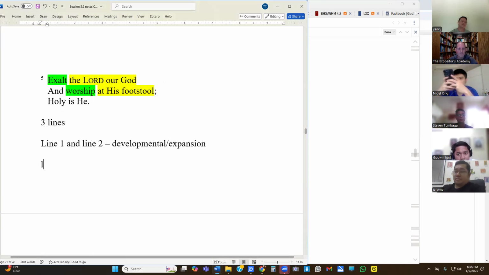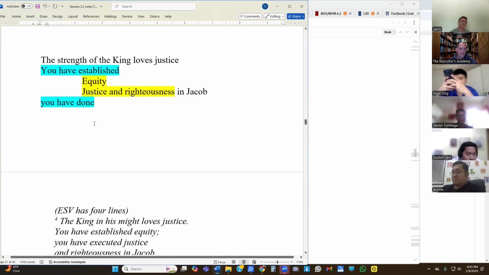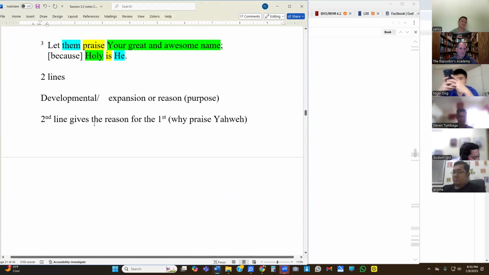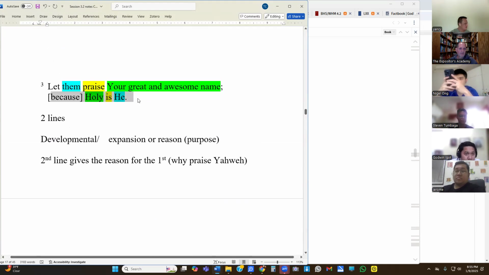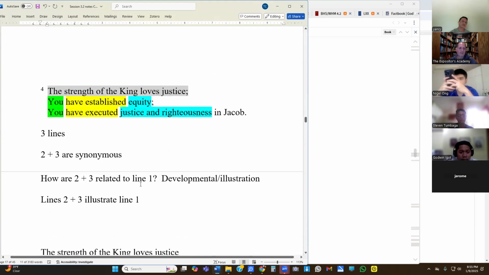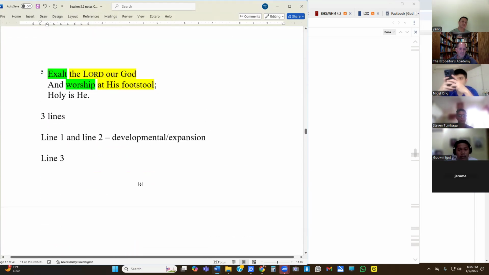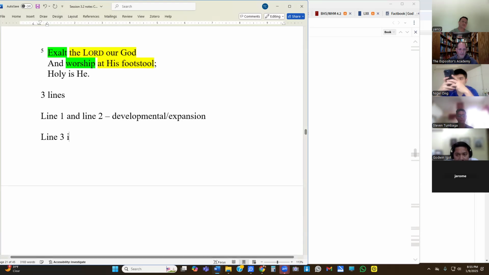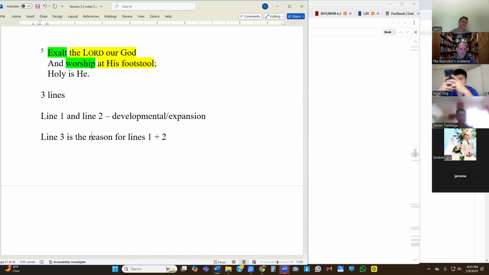And then we've already talked about the relationship of line 3 up here in verse 3. Remember? Where we said this line, holy is he, was the reason. Okay, I think it's the same situation here, where line 3 is the reason for lines 1 and 2. So I think it's developmental.